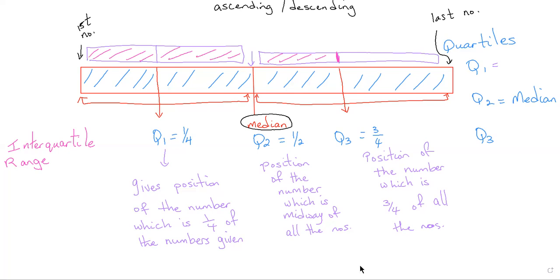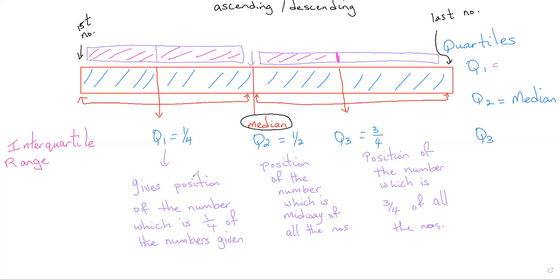Now, your Q2 or your median gives the position of the number which is midway of all the numbers.